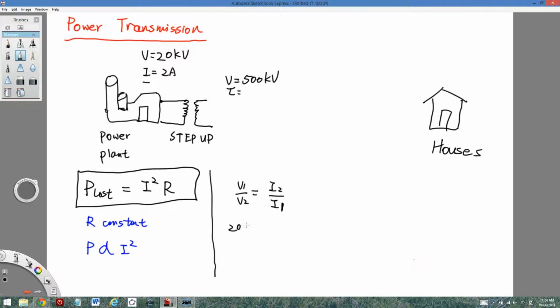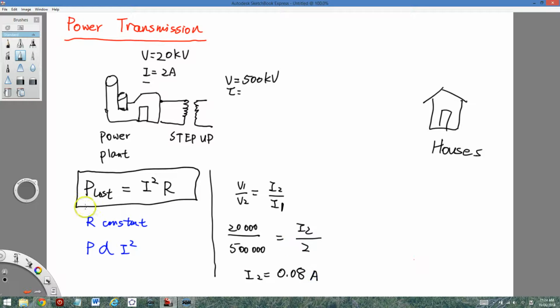I have 20,000 divided by 500,000. If you type this in your calculator, the current would decrease.